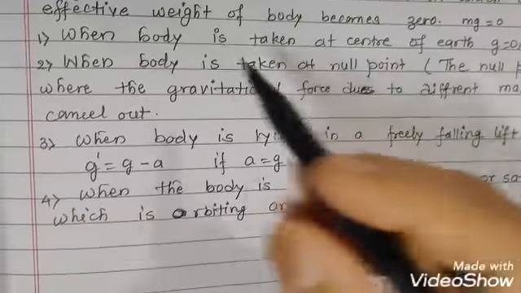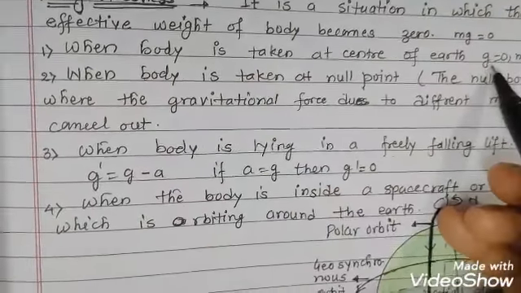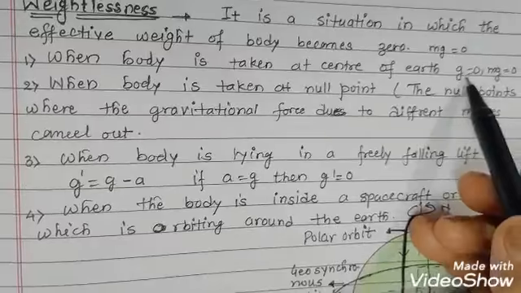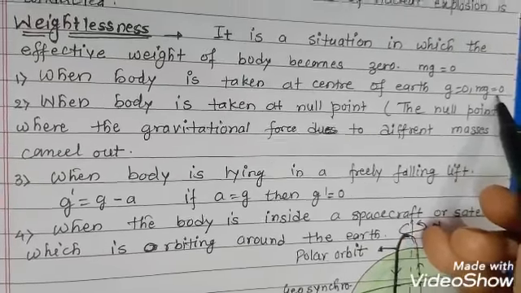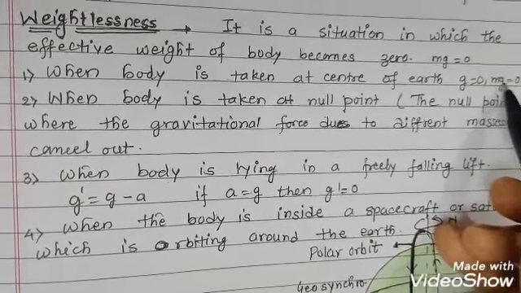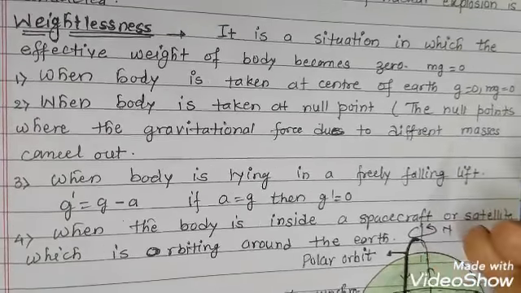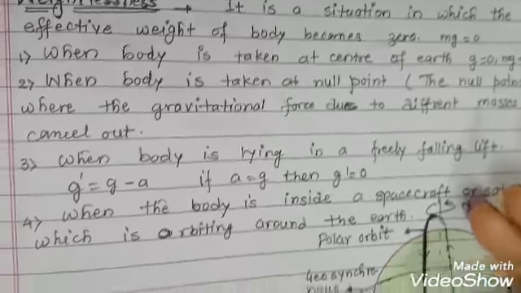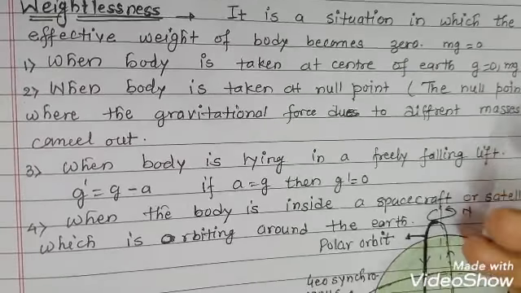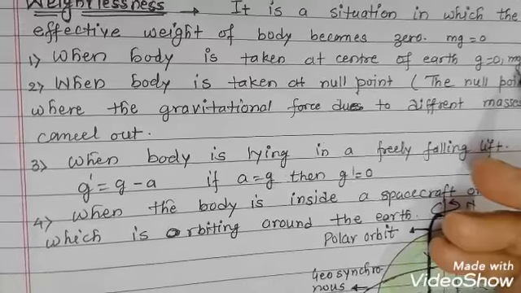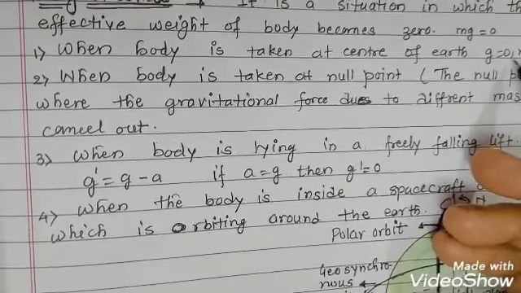When the body is at the center of earth, g is equal to 0, and because g is equal to 0, mg is equal to 0. Mg is weight, and weight is 0, so the observer can feel weightlessness, or no weight is measured by the weighing machine in that situation. So this is the case of weightlessness.